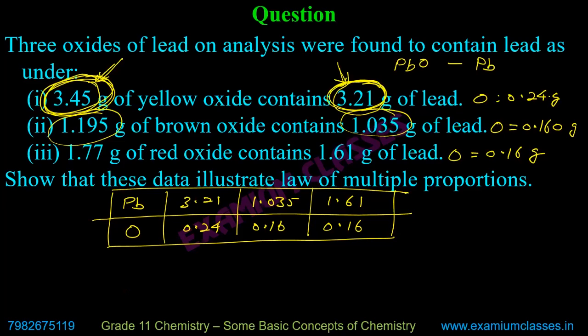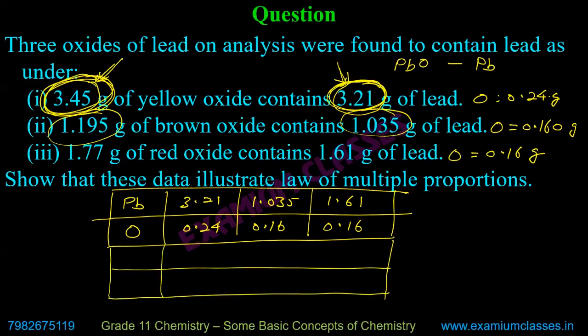Both cases will give you the same answer, but we will take lead as 1 gram. So now I am extending this table. Lead, oxygen. Now if this is 1 gram, then oxygen will be 0.24 divided by 3.21.